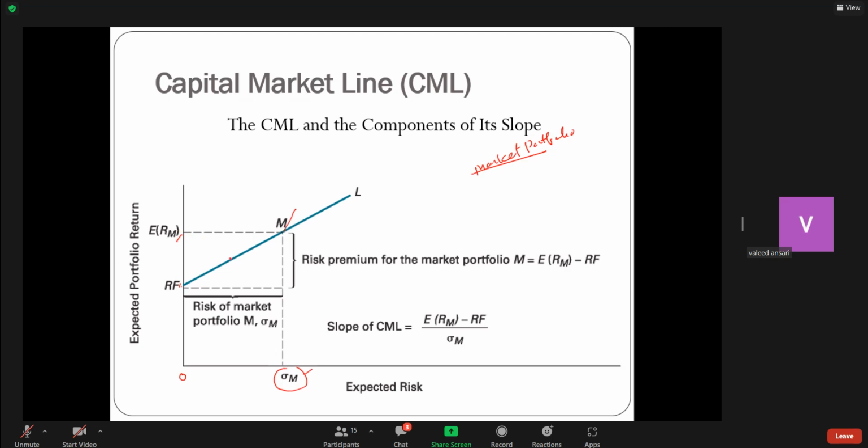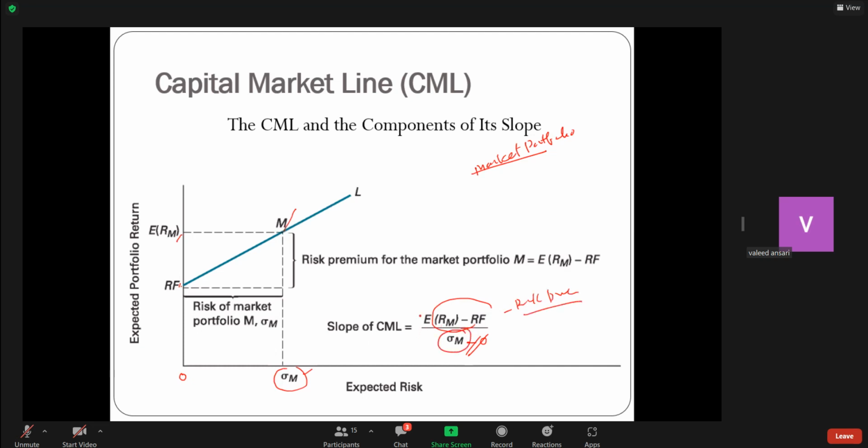If you want to find the slope of any line, it is rise over run. So this is RM minus RF divided by the run, which is the risk of the market portfolio. So the slope of the line is the risk premium divided by the risk of the market portfolio.